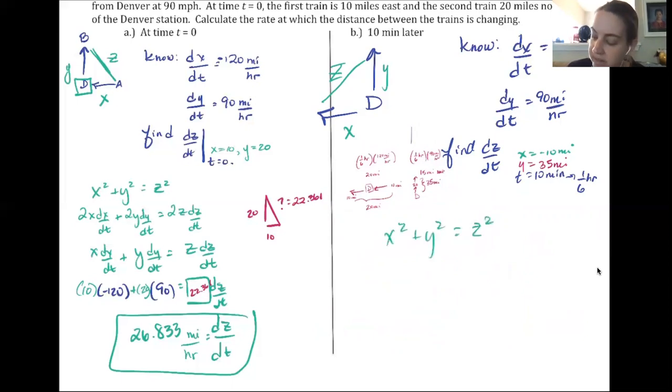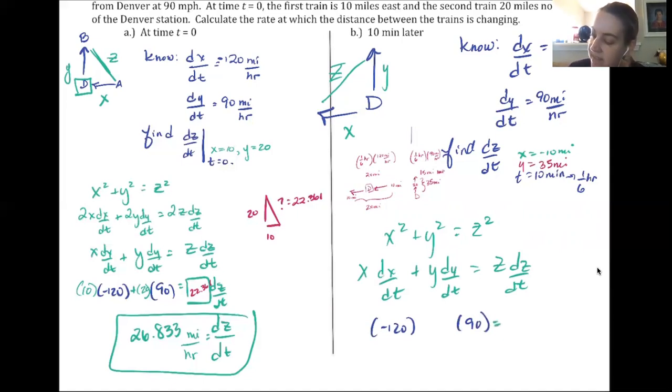It's still 2x dx dt, 2y dy dt, 2z dz dt, but I'm going to do the divide by 2. So x dx dt, y dy dt, z dz dt. I've already divided everything by 2, so we're good with that. The rates are the same. I still have that negative 120. I still have the 90.